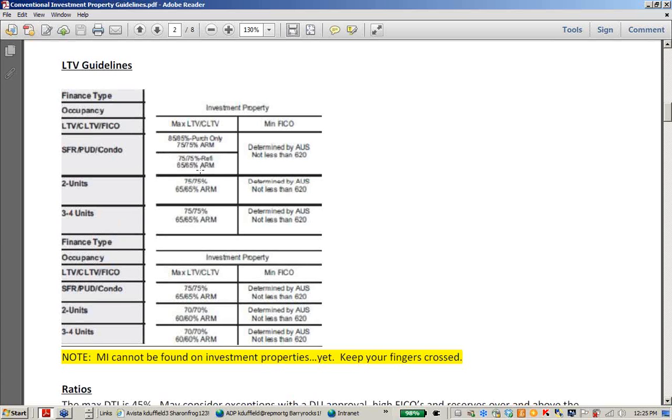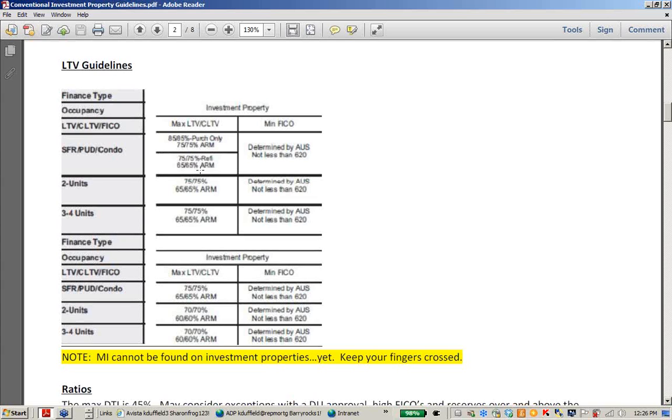So basically, for a purchase, we're looking at 75% LTV on your multi-units. On a single family, you can go up to 85. However, you won't get mortgage insurance on that. So most of the time they're capped at 80. Maybe you can find a 5% second out there for investment properties.